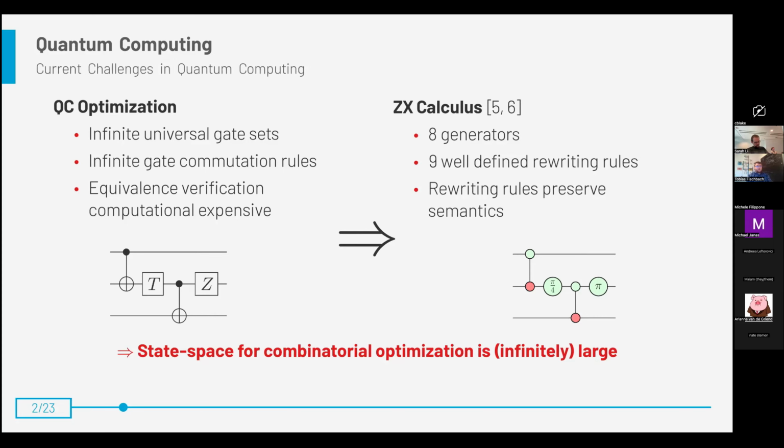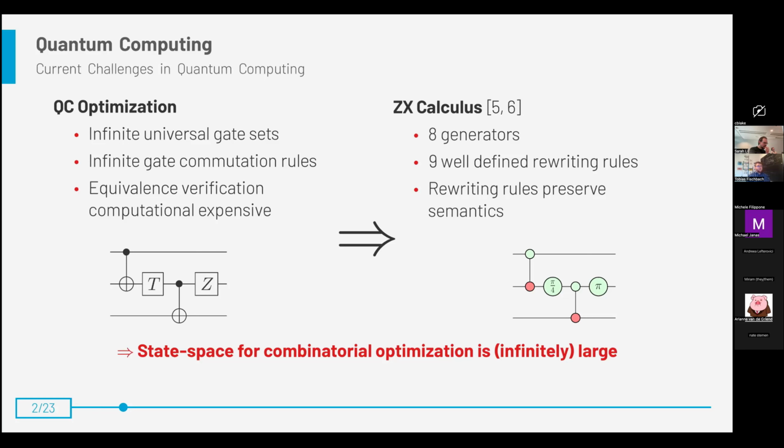I think everyone here is already very familiar with quantum circuit optimization, the quantum circuit notation, and the ZX calculus. So I want to focus more on why we want to use the ZX calculus for quantum circuit optimization. I come from a perspective of combinatorial optimization. One thing that really bothered me about quantum circuit optimization is that the native gate set that we use when we create our algorithms is often the Clifford plus T gate set.